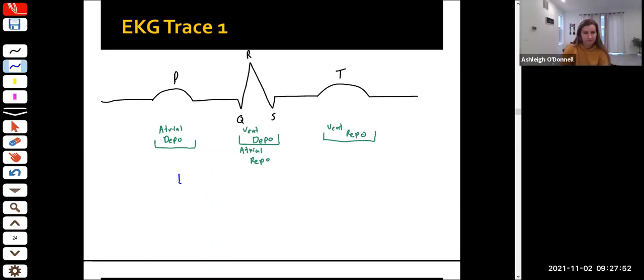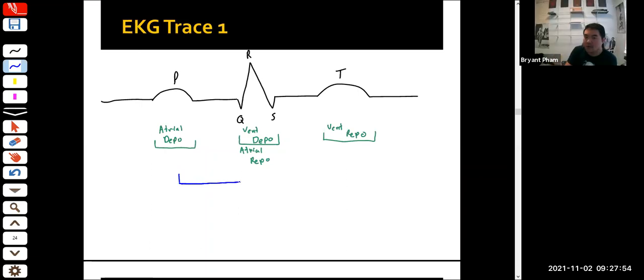So we're going to start contracting at some point. Again, will we see this on the EKG? No, we need to infer this, okay? And if repo is the signal to relax, it's going to stop right around there. It's atrial contraction.